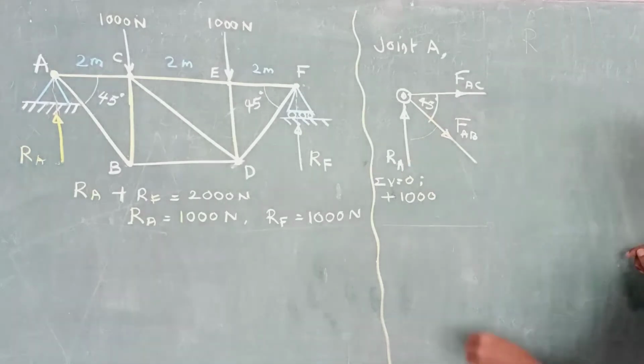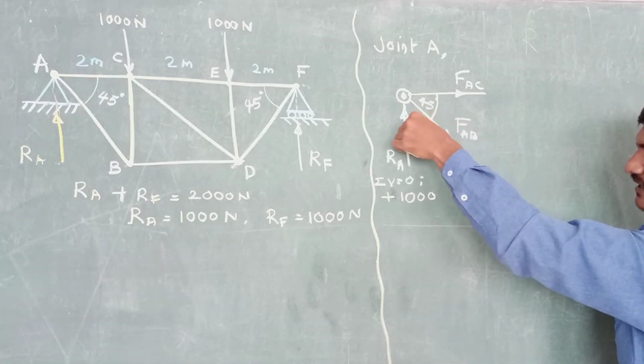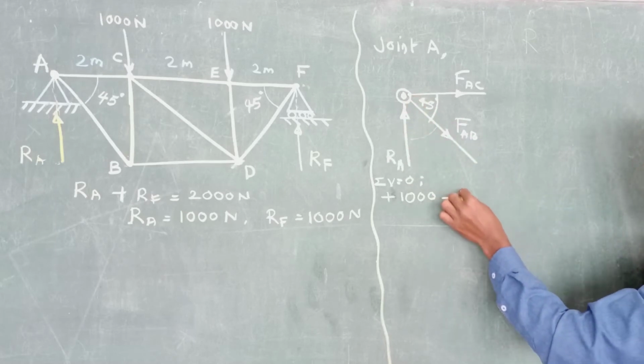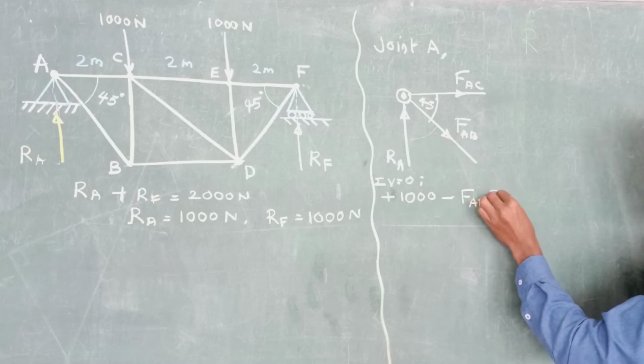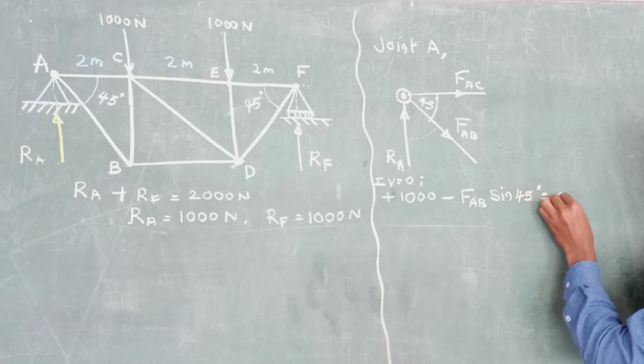So minus FAB sine 45 degrees, plus 1000, is equal to 0.